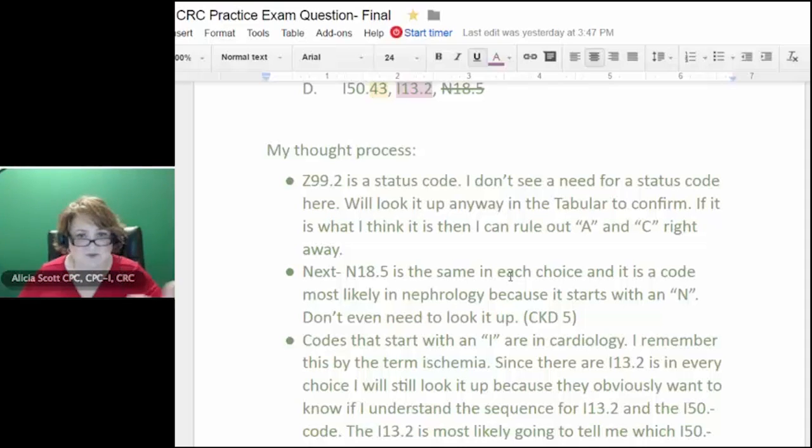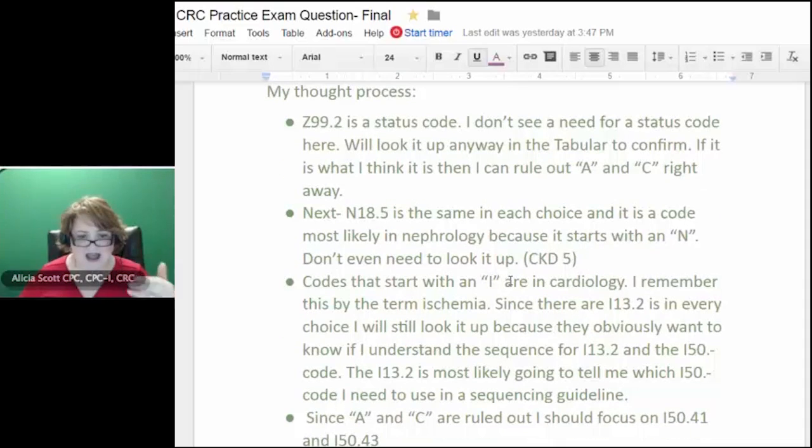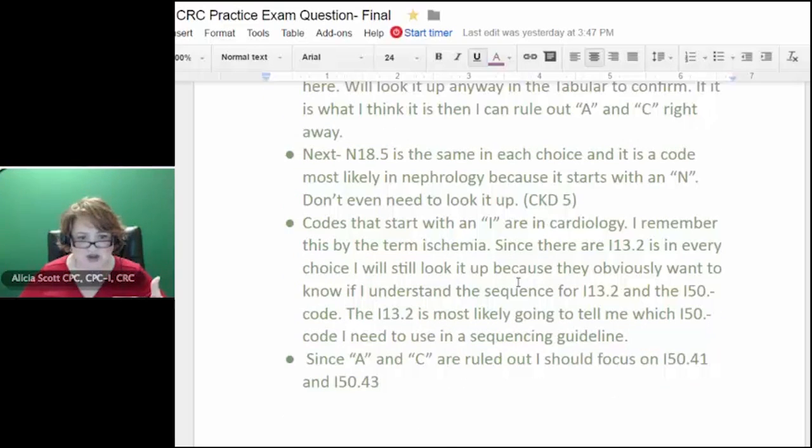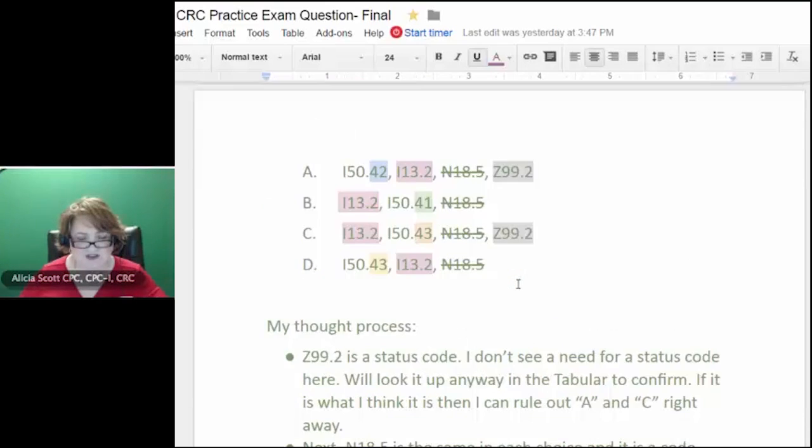It just happens to be for CKD 5. And I codes tend to be cardiology codes, and I13.2 is in every choice. So now I just need to know the guidelines that surround these two codes. Okay, and I'm going to go ahead and let you look at that.